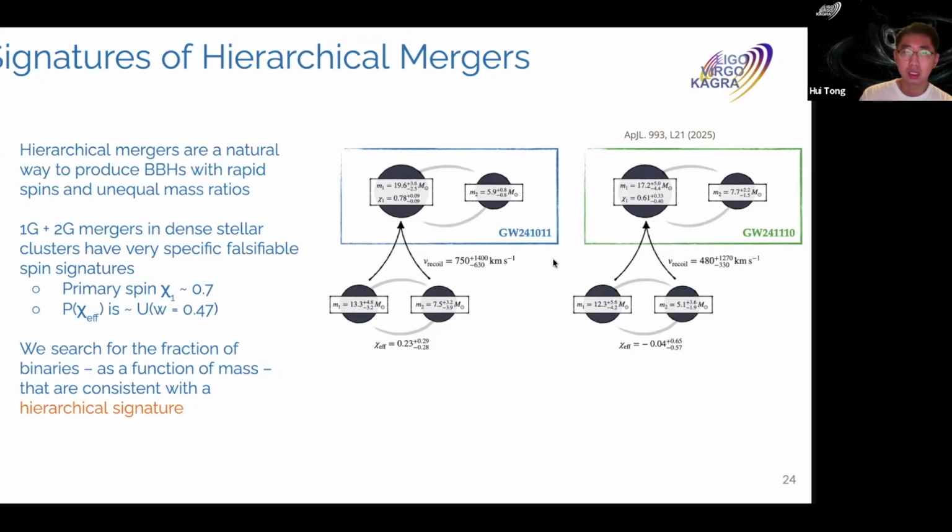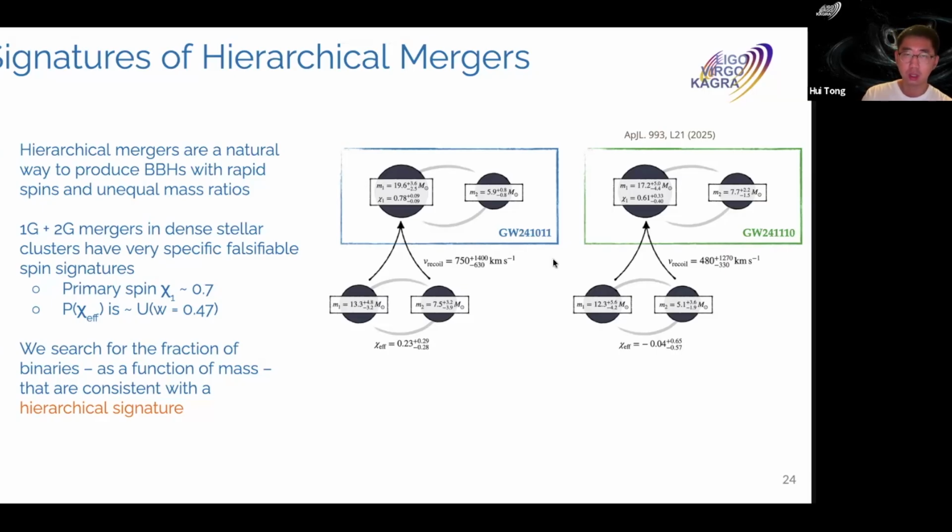So the remnants, which we name second or even higher generation black holes, as a product of previous mergers and not formed directly from stellar collapse, could be a natural explanation of black holes that populate the pair-instability gap. So the hierarchical mergers are predicted to have distinct features.